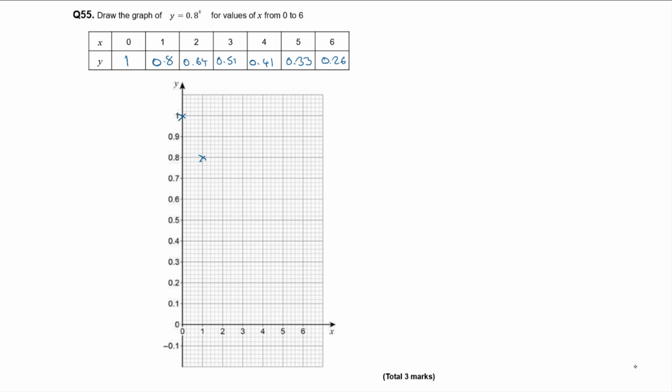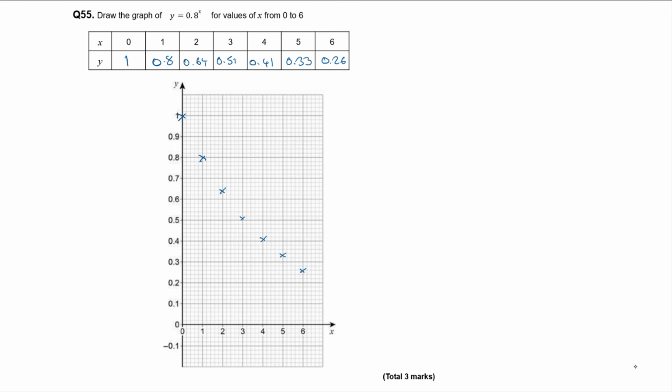So 0.64 is going to be 2 little squares above 0.6. 0.51 is half a square above 0.5. Then I've got 0.41, which is half a square above 0.4. And then 0.33, which is 1.5 squares above 0.3. And 0.26, that's going to be 3 squares above 0.2, like that.